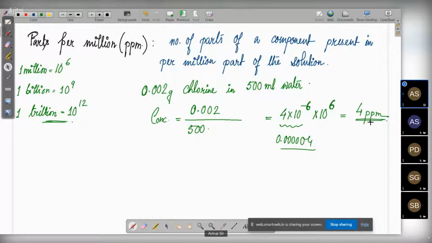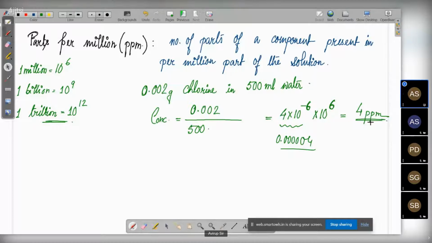When the concentration of the solution is very, very low, we increase its value by a million times, multiplying it with 10 to the power of 6. This makes the value larger and easy to express and calculate.